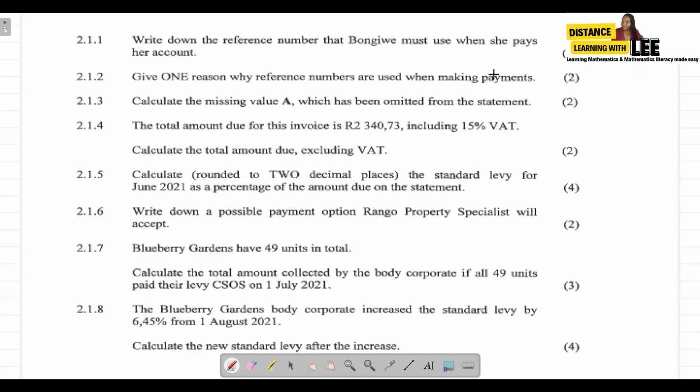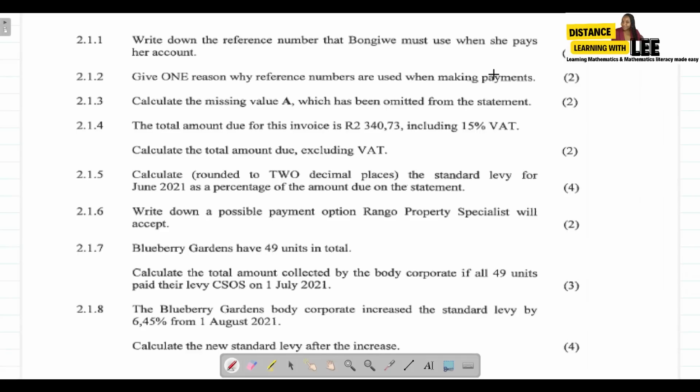How will the institution know that it's Lutando that made a payment or that it's Nicole that made a payment? They won't know. That is why in most institutions, they say that you must either use your student number or your ID number as a reference so that they will know that this particular student made a payment.